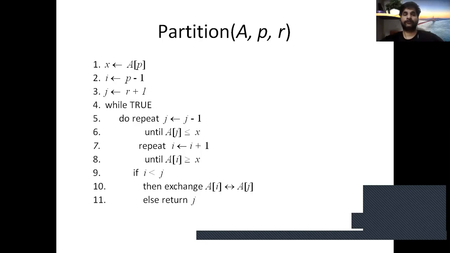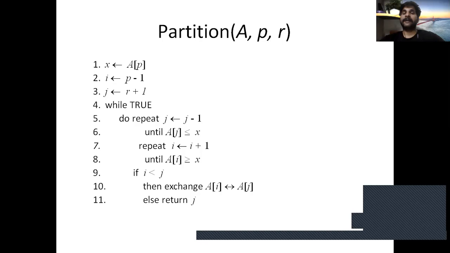While true, repeat j equal to j minus 1 until array of j is less than or equal to x. The decrement of j by 1 continues until array of j less than or equal to x.